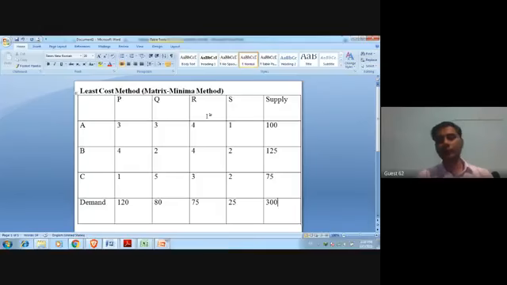Now we have to allocate the quantities according to our demand and supply. Let us see in the total table.